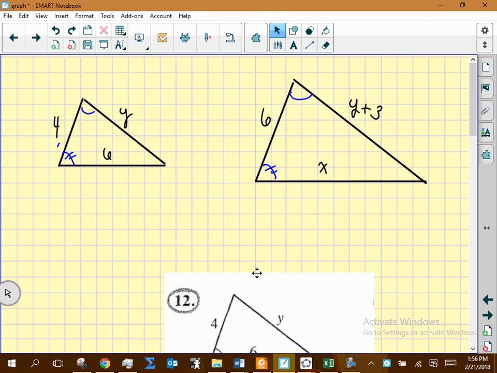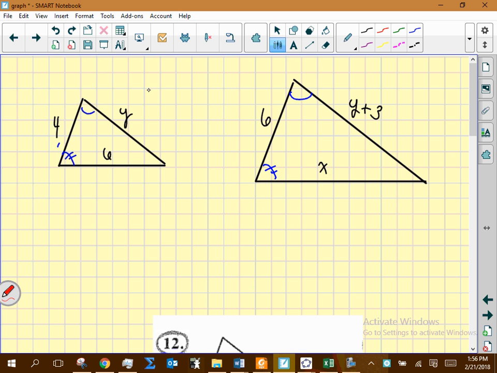Because the triangles are in the same orientation to one another, meaning that if I call this one A, B, C, and this one X, Y, Z, angle A is the top angle, angle X is the top angle, they're both congruent, right? B is the lower left, Y is the lower left, they're the ones that are congruent.